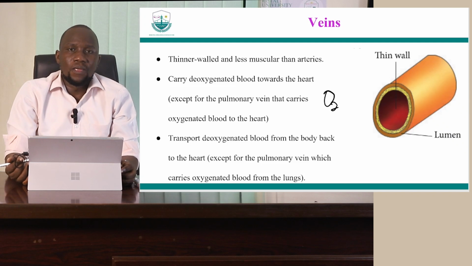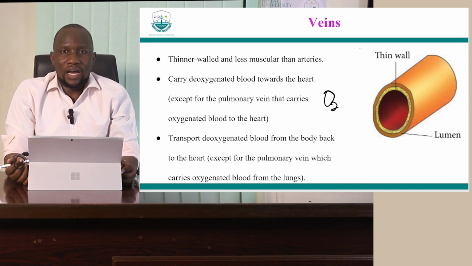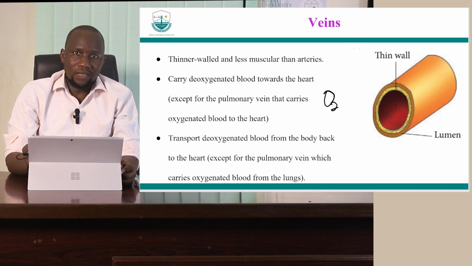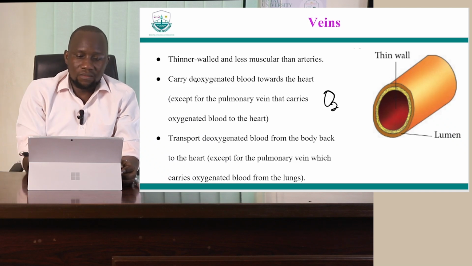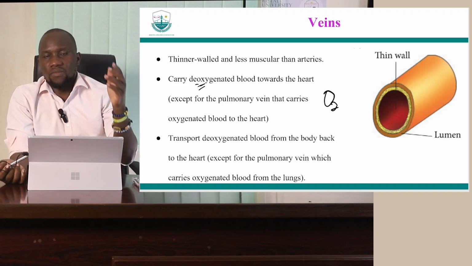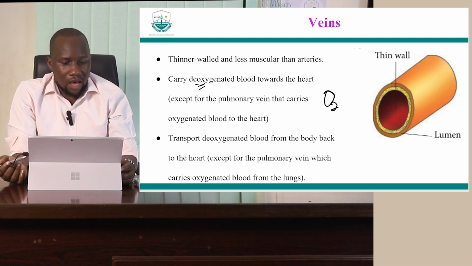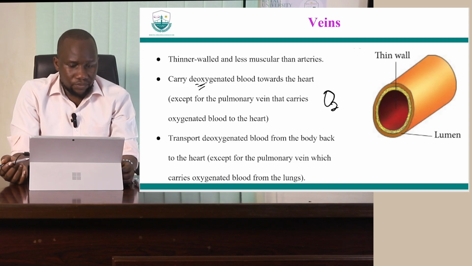Whereas the blood that is carried from the different body organs to the heart by veins is deoxygenated. This of course comes from the vena cava, the superior and the inferior vena cava, that open into the right atrium.